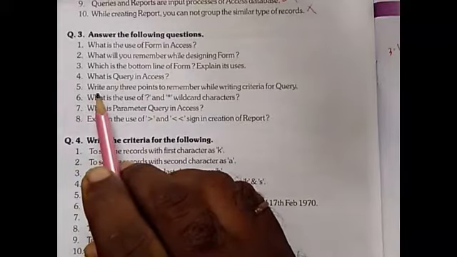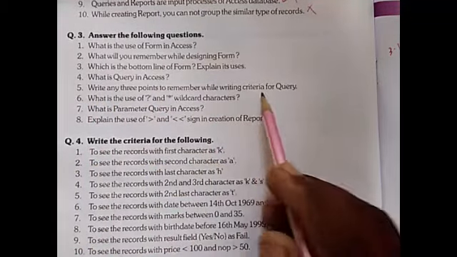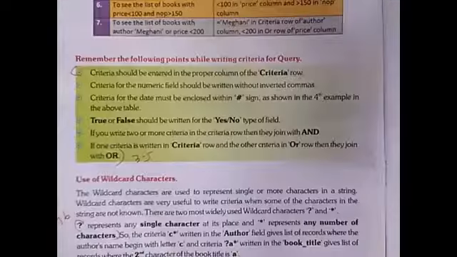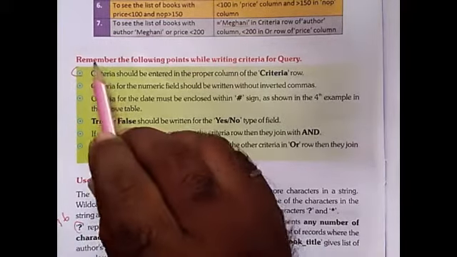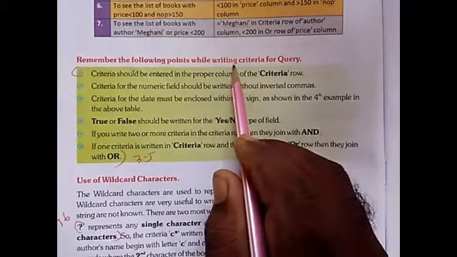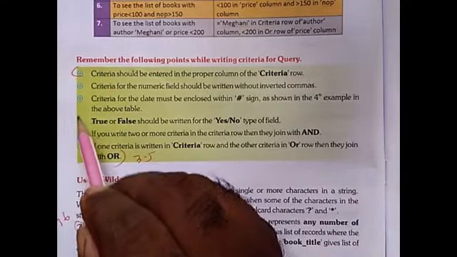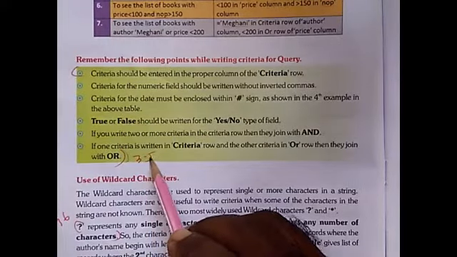Next, fifth question, write any 3 points to remember while writing criteria for query. Answer page number 18, remember the following points while writing criteria for query. 1, 2, 3, 4, 5, 6 points are there. Learn all. 3.5.